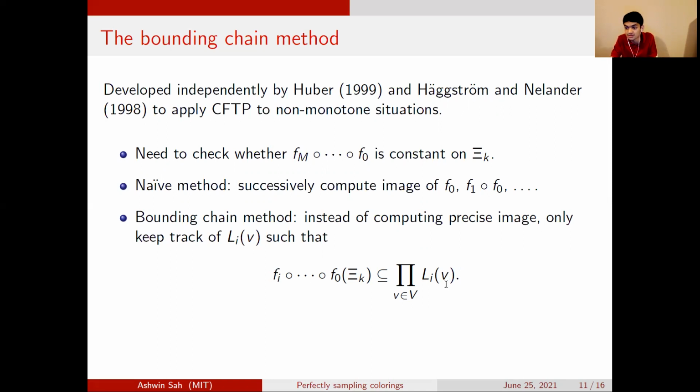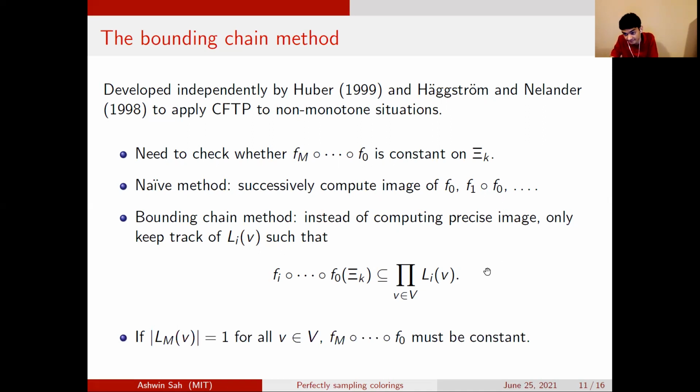I do it in such a way that the image after these i+1 compositions is within this product of lists, so it looks like a list coloring of this form. And then hopefully we have a positive drift of those lists randomly down towards size 1. If all those lists are size 1, then we have a constant function, and we would conclude.